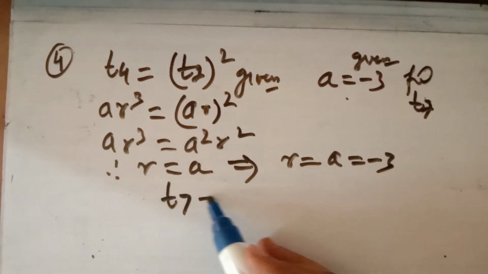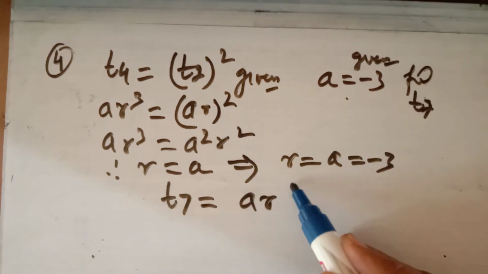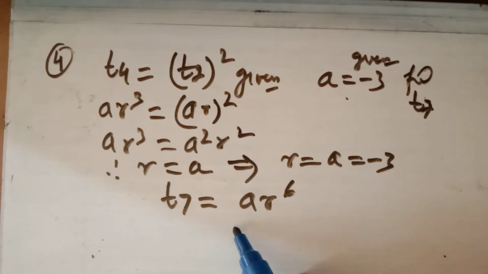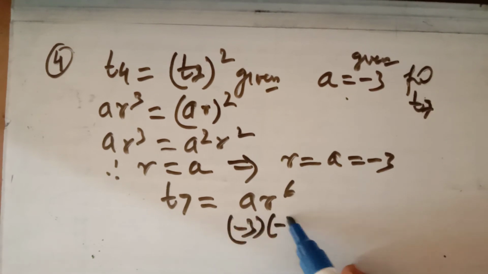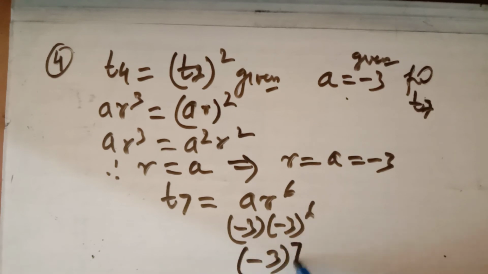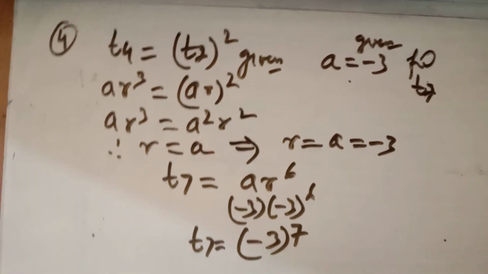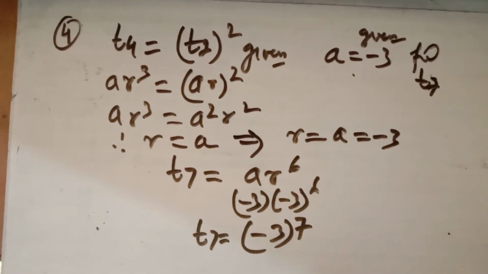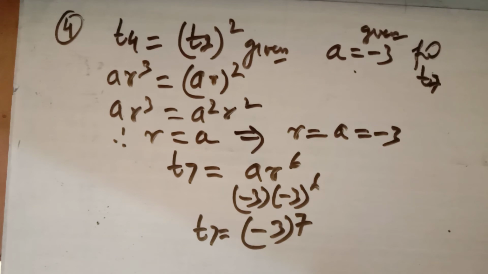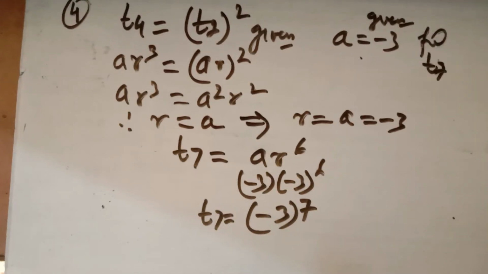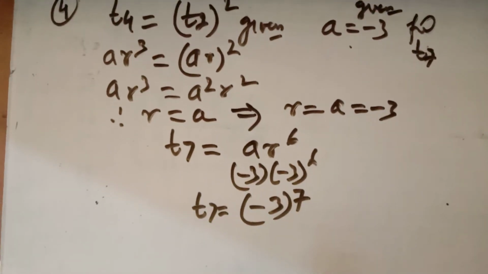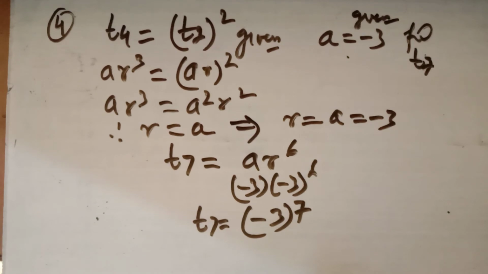Now because we have to find the 7th term, the 7th term means AR raised to power 6, minus 3 raised to power 6 times minus 3. So minus 3 raised to power 7 will be the 7th term of a GP whose 4th term is square of its 2nd term. It is given. So this is question number 4.